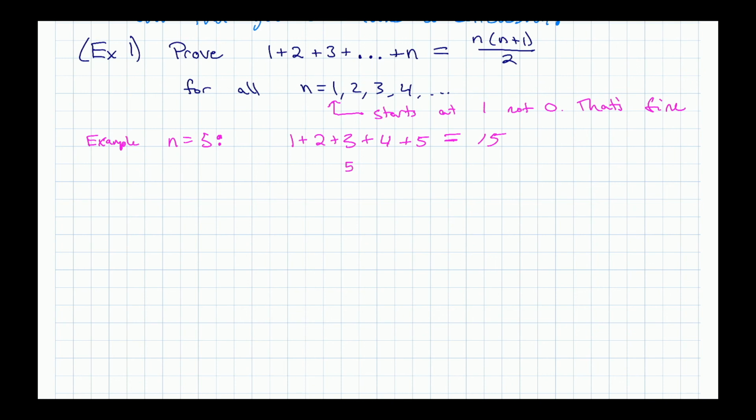So that would be 5 times 6 over 2, which is also 15. So 15, 15. Those match. Okay, so at least for 5, it works. But we don't want to prove it for every n, right? We don't want to go 1 and then 2 and then 3 and then 4 and then 5 and then 6 and then do it forever. We just want to be able to prove this in general somehow. So let's see how that works.